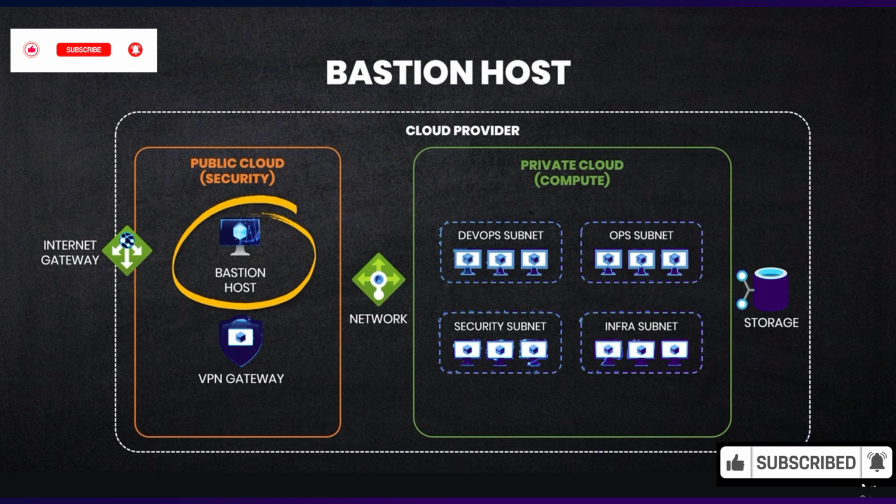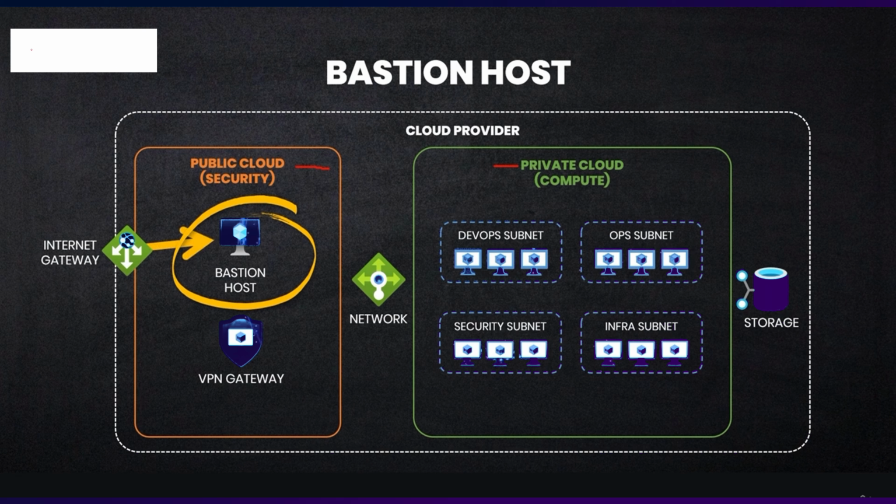Then when someone comes in from the gateway, they have to identify and authenticate with the bastion host. Then the bastion host will prevent entrance into that private cloud through the network. So again, it is a stripped-down server. That's the way I like to think of it. We pull all the services off, all the functionality, all the accounts, everything. We only have what is absolutely necessary on that particular host.